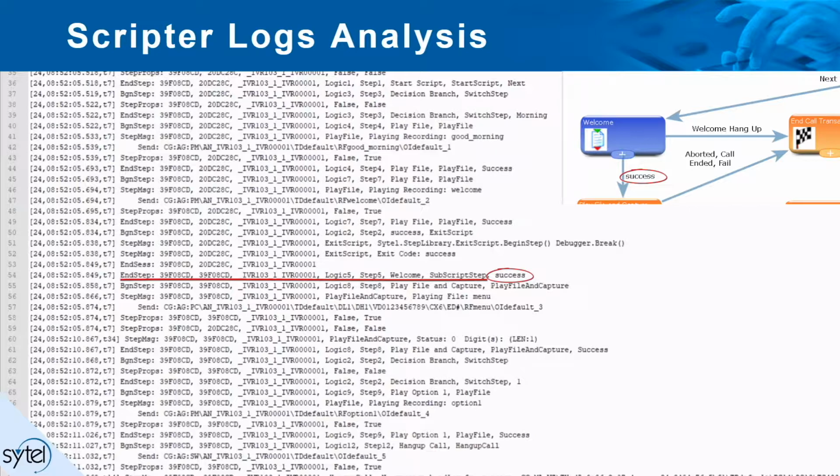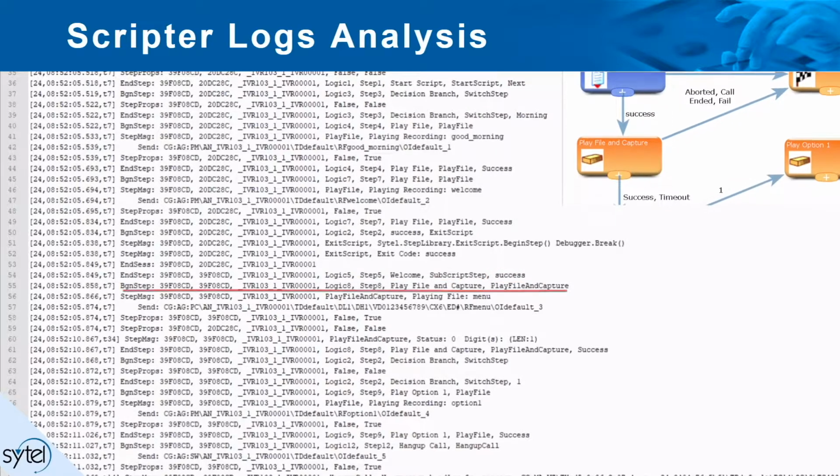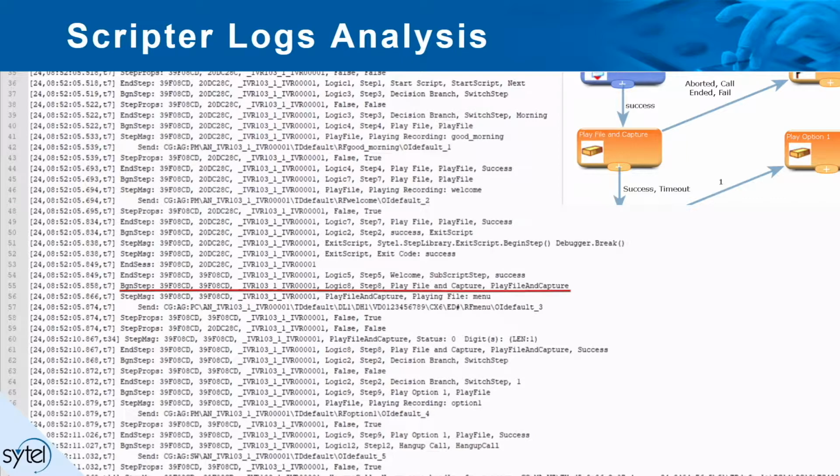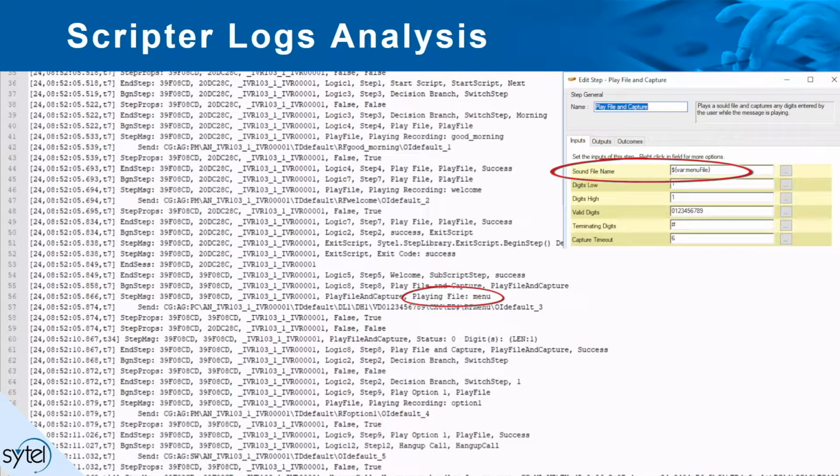The success outcome of the welcome step directs the script to the play file and capture step in the main script, and we can see the step message indicating that the menu recording is being played. The next line shows the play capture API message that was sent to CallGen.